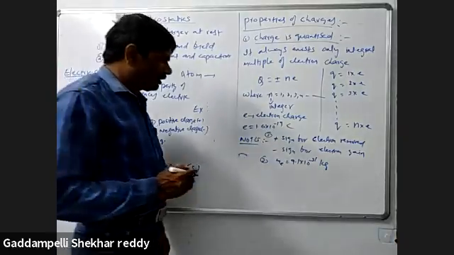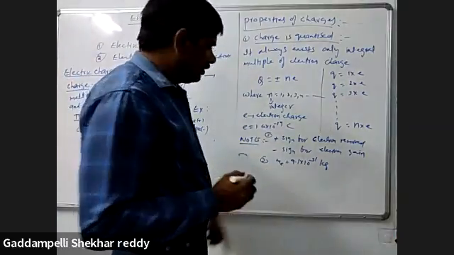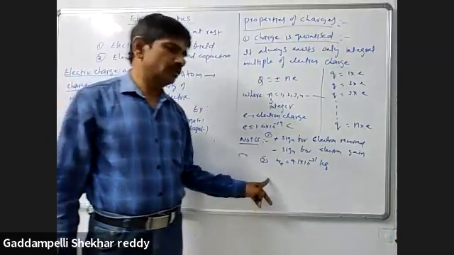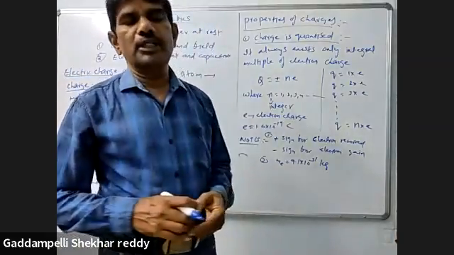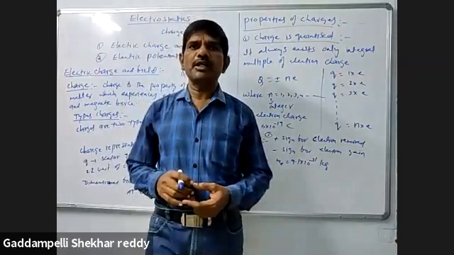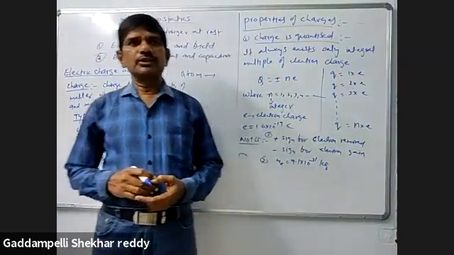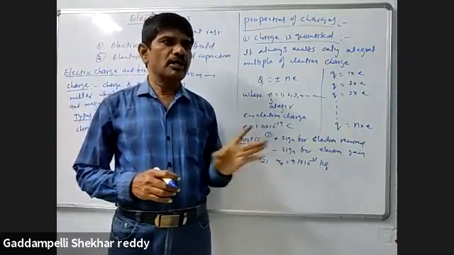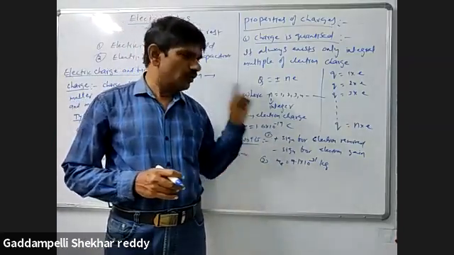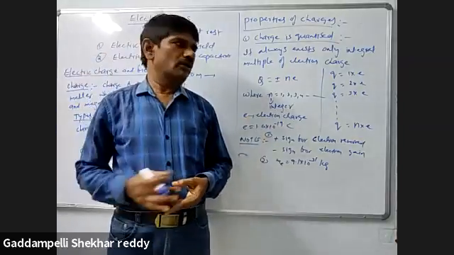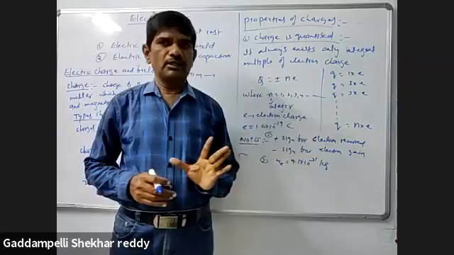So the next property: charge is conserved. You should remember one point, charge is conserved. Charge can neither be created nor be destroyed. Suppose one body loses electrons, the same amount of charge is developed in another body.